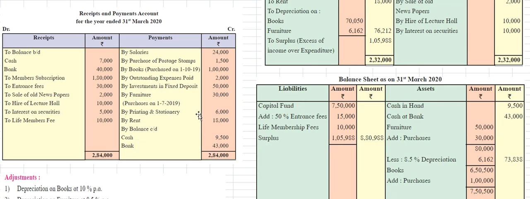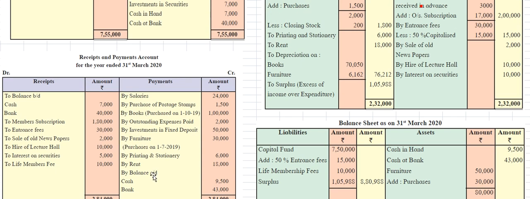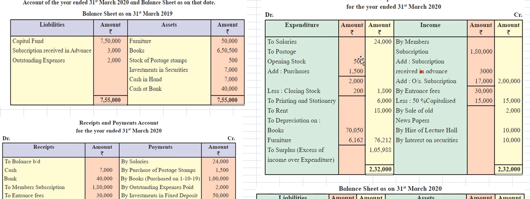For the closing stock of postage stamps, it is 200 rupees, the value of unused postage stamps. If this is given as an adjustment, we take it as closing stock. In the ninth problem we solved the same adjustment for a different item, but here it is postage. So 1500 plus 500 is 2000 rupees, less closing stock of 200 rupees, and the total amount is 1800 rupees.